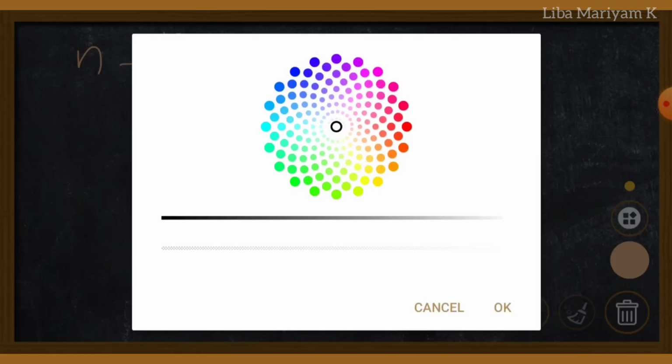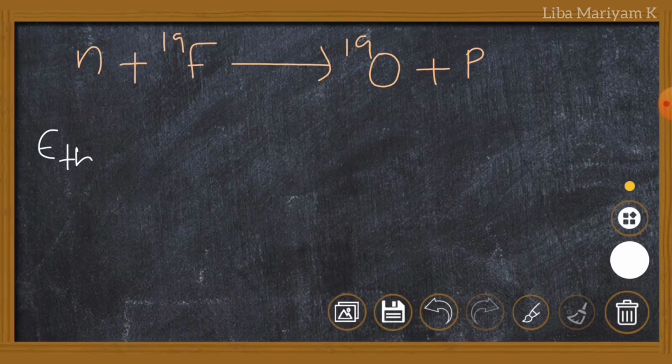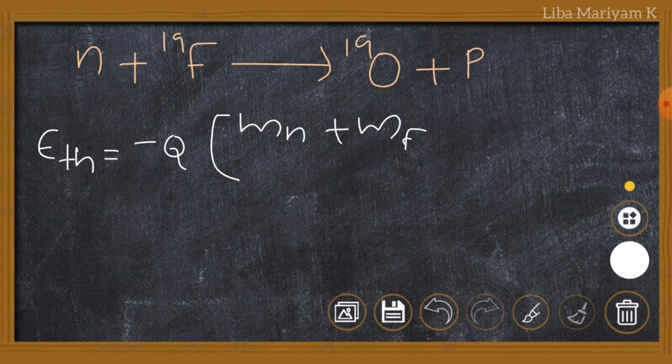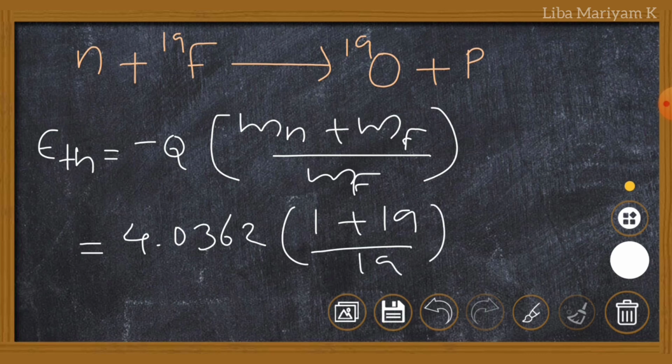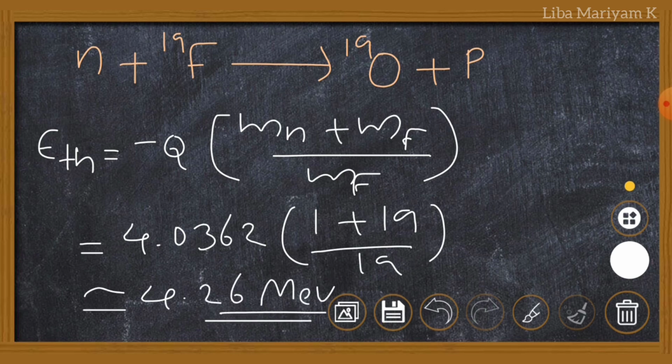So here threshold energy equal to minus Q into mass of projectile, that is mass of neutron, plus mass of target by mass of target. Q value is given minus, so it becomes plus, therefore 4.0362 into 1 plus 19 by 19 which is equal to 4.26 mega electron volt. Option B is correct.